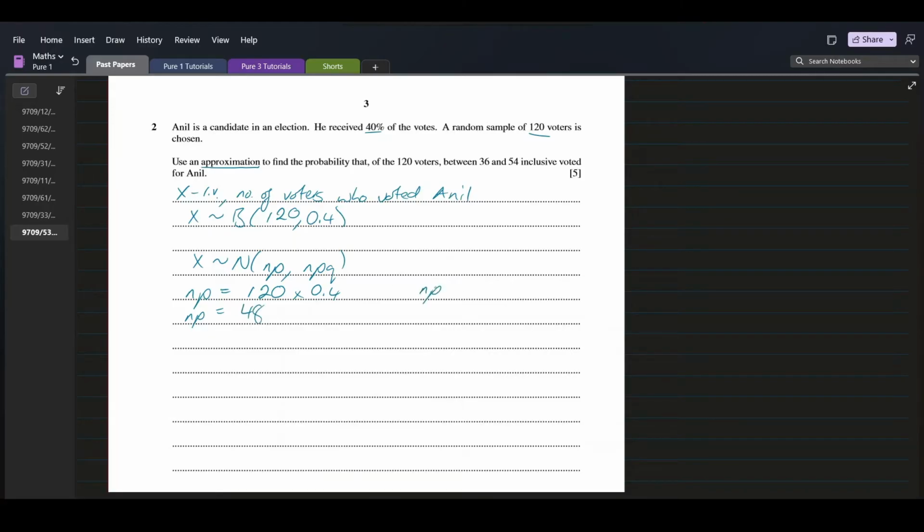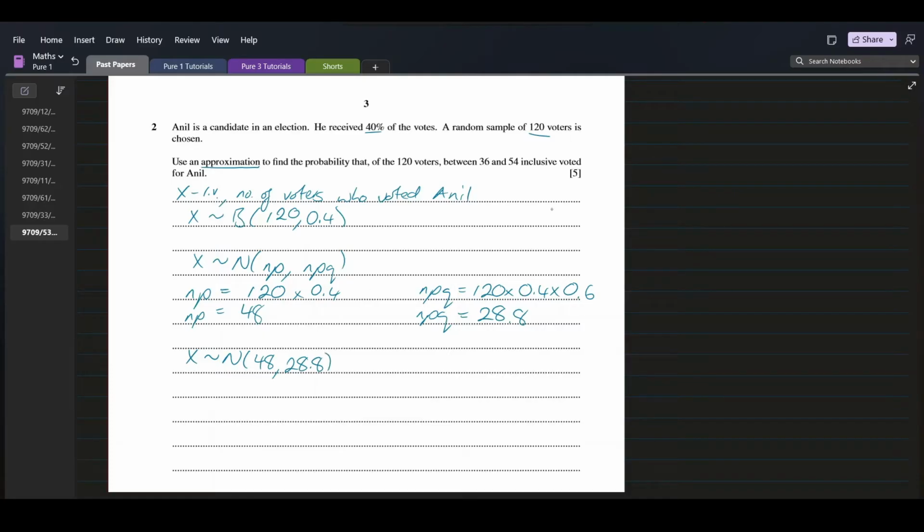And npq is 120 times 0.4 times 0.6, and that gives us 28.8. So we know that x follows a normal distribution with mean np, that's 48, and variance npq, 28.8.